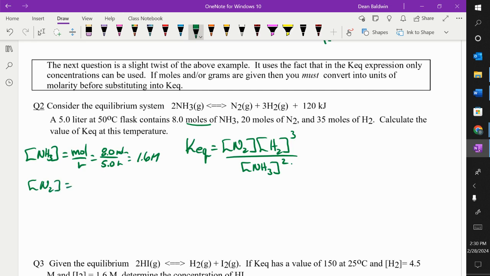N2 is going to be 20 moles divided by 5, and H2 gives me 7 molar.